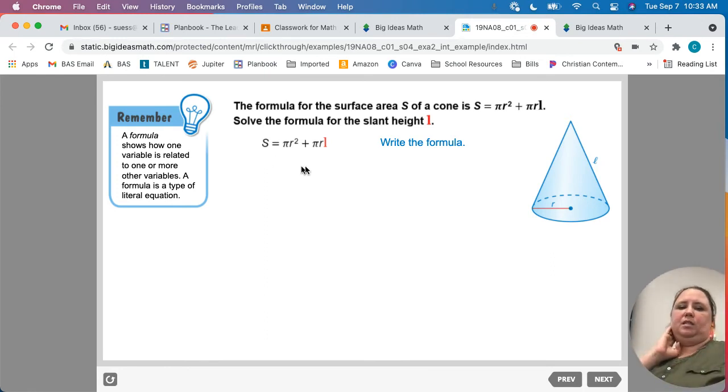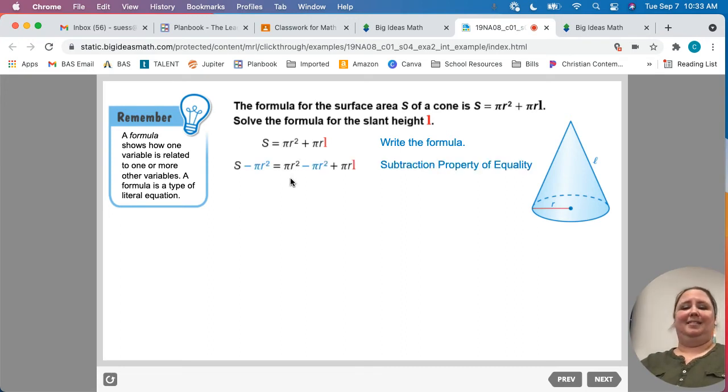Good. So what's the first portion we should move? The not touching the L stuff, right? So let's move this pi r squared. What's in front of the pi? What sign? There's nothing right here between it, right? So that means this is a positive pi r squared, so in order to move it, we're going to subtract.